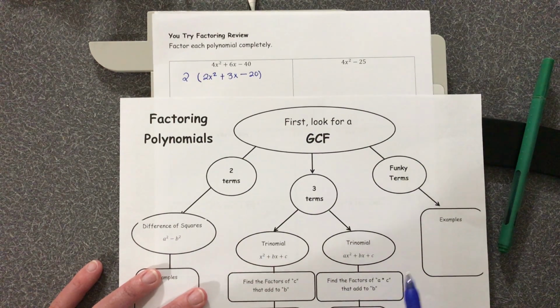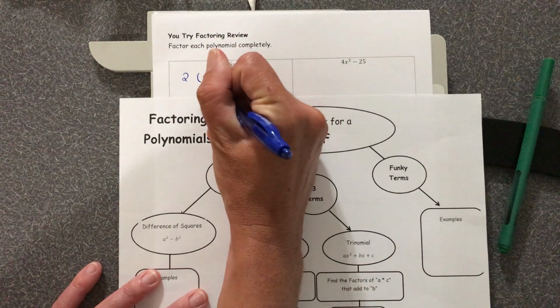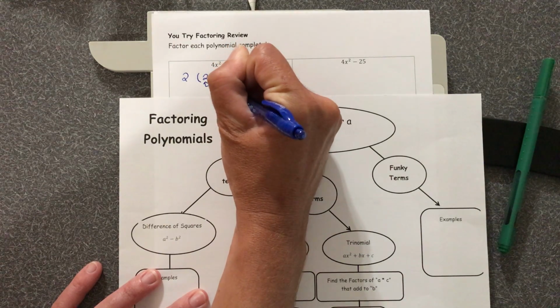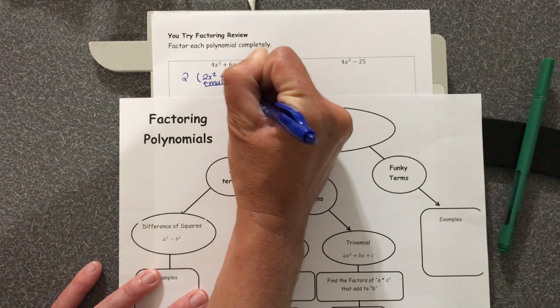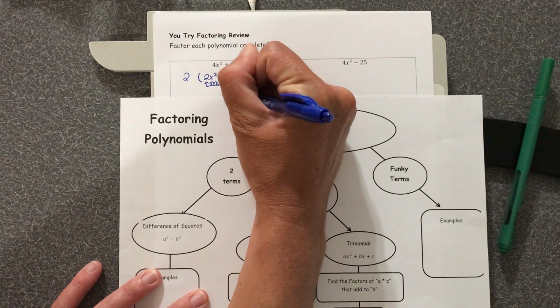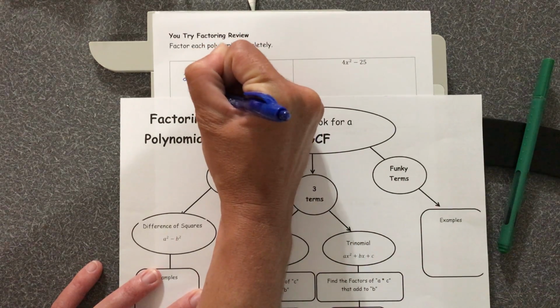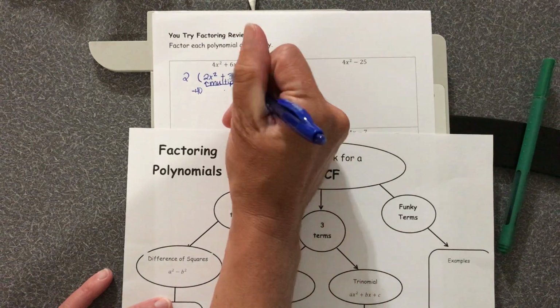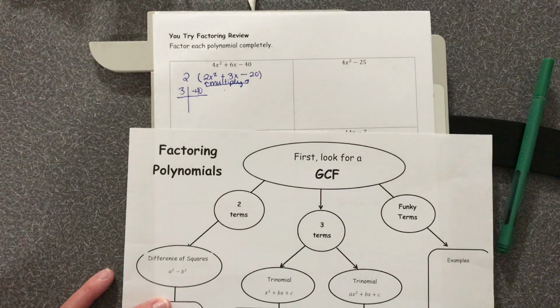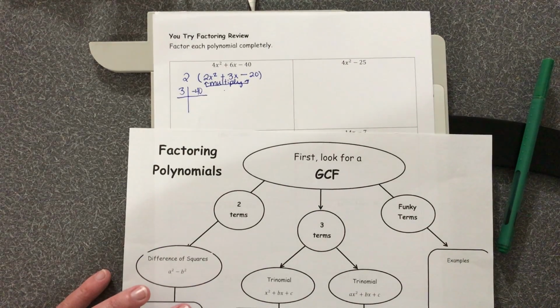So now I'm going to look for factors of a times c that add to b, or factors of negative 40 that add to 3.